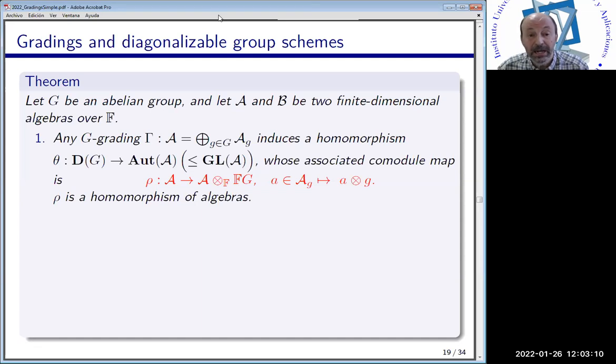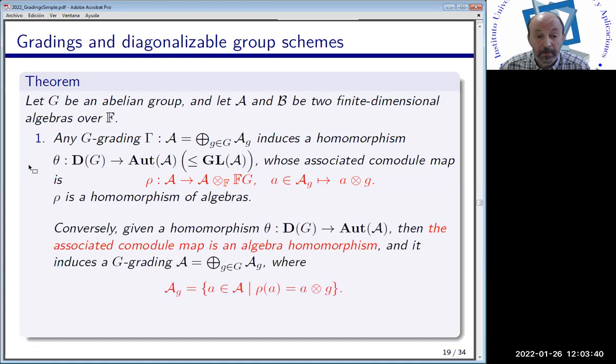If this is a grading as an algebra, the corresponding homomorphism from the diagonalizable group scheme is not just a homomorphism into the general linear group, but factors through the group scheme of automorphisms of our algebra A. And then the corresponding comodule map is not just a linear map, but a homomorphism of algebras.